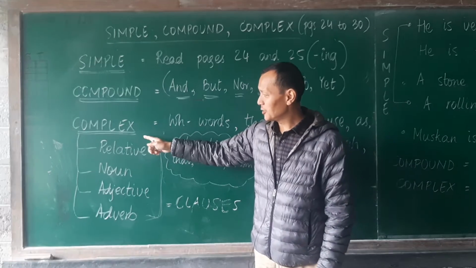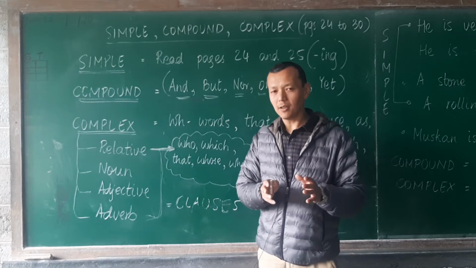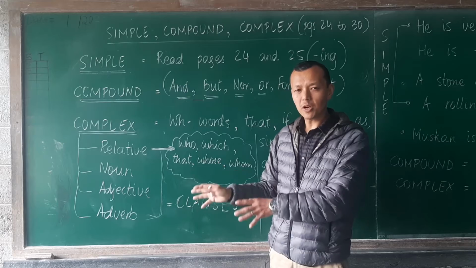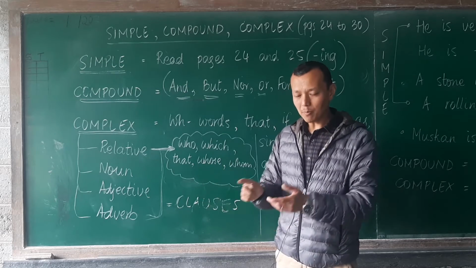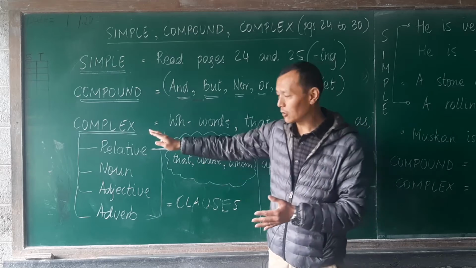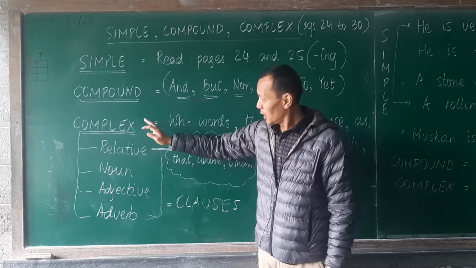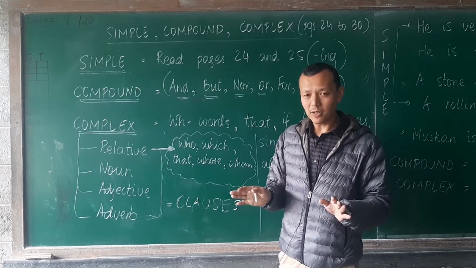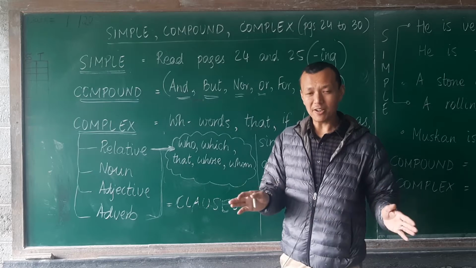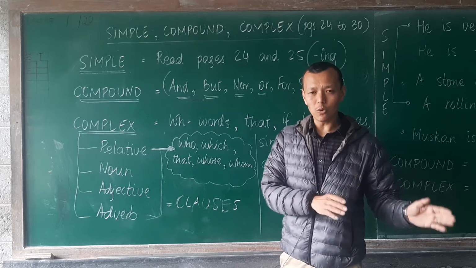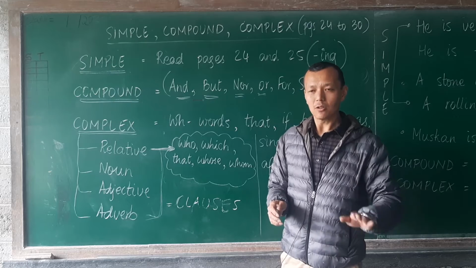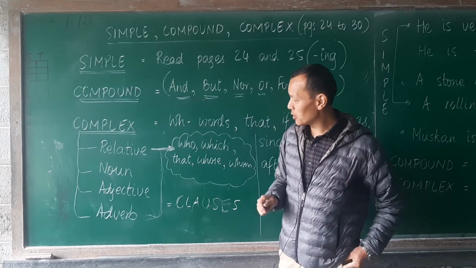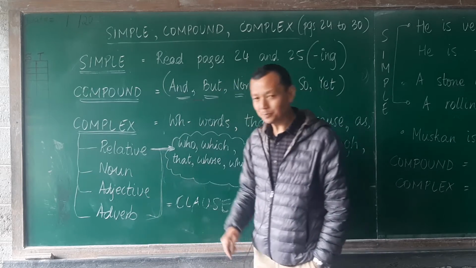The definition says a complex sentence consists of one main clause and other subordinate clauses. Usually in your exam it is formed with one main clause and one subordinate clause joined together. You don't need to remember the definition I just gave; it is also explained in the class 9 book. If you remember it, it is well and good, but do not worry too much about those definitions and terms. What you have to worry about is these words that I have written here.